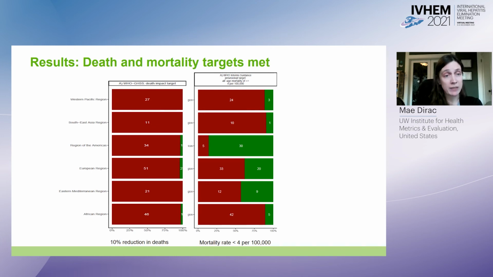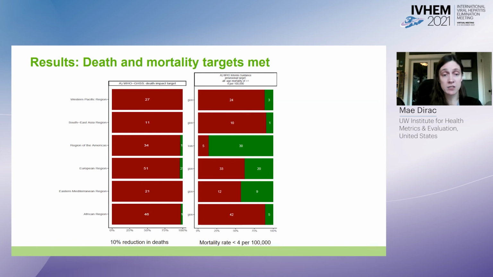And when we look by WHO region, where red represents the number of countries within the region that have not met the target as of 2019, and green represents the number of countries within the region that have met the target, we see very few countries in any region meeting the 10% interim target in reduction in deaths.